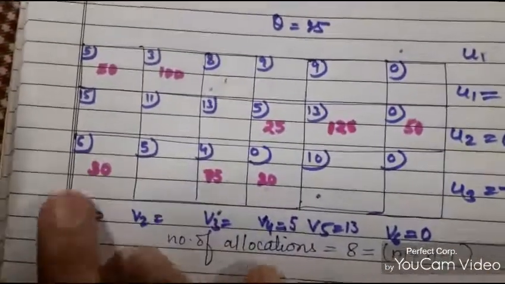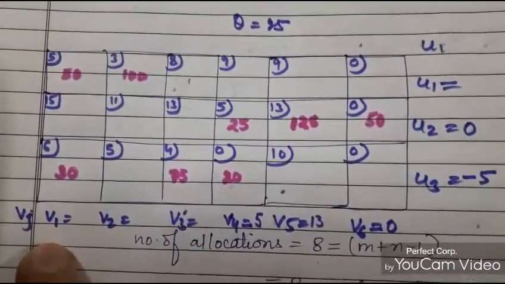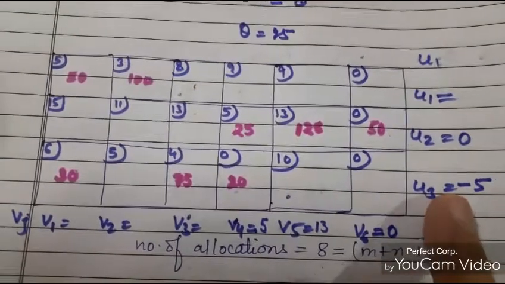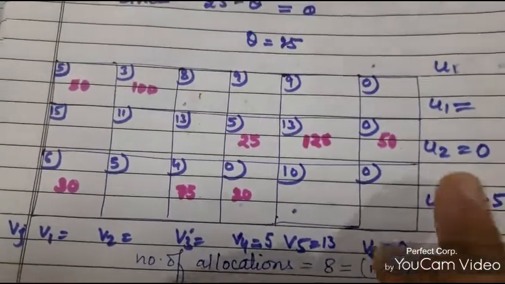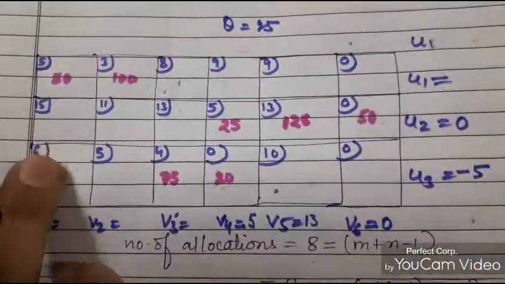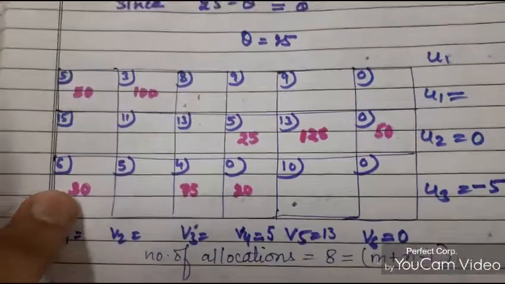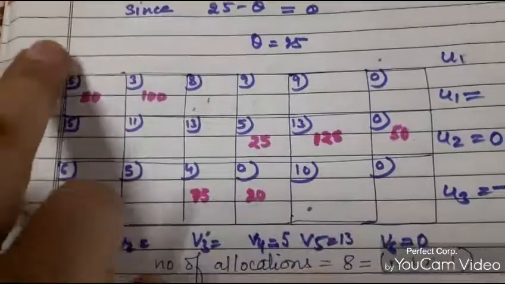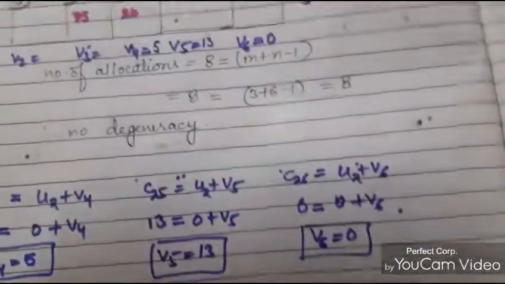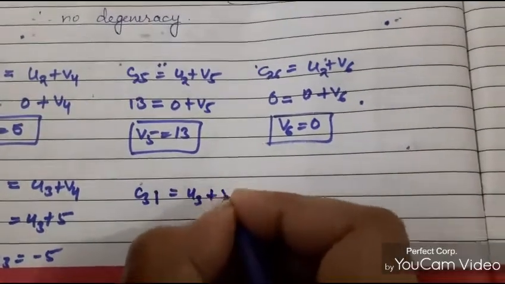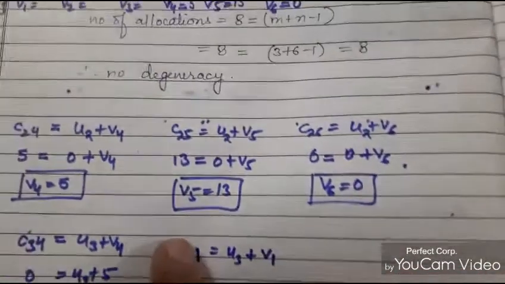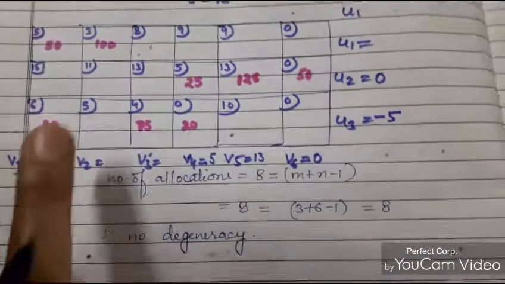So we can calculate v1 now, because we have u3. For this u3, we have allocation C31. It means C31 is equal to u3 plus v1, and the cost is 6.